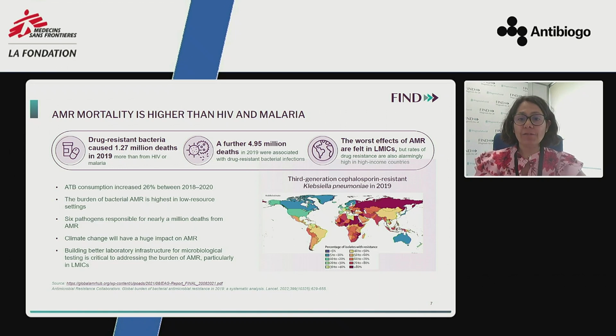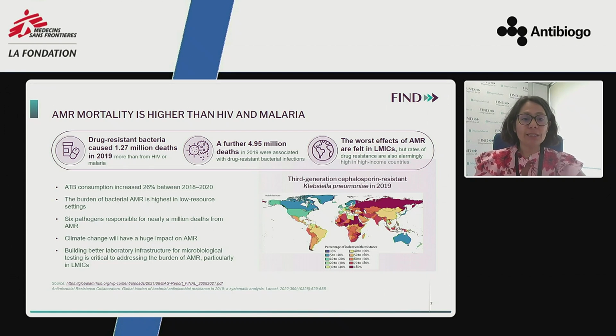Unfortunately, the most affected countries will be those sitting in the global south. Rates of drug resistance are also alarmingly increasing in high-income countries, but again, there will be a disproportionate effect in low and middle-income countries. We also know that, especially during COVID, the consumption of antibiotics has increased substantially.